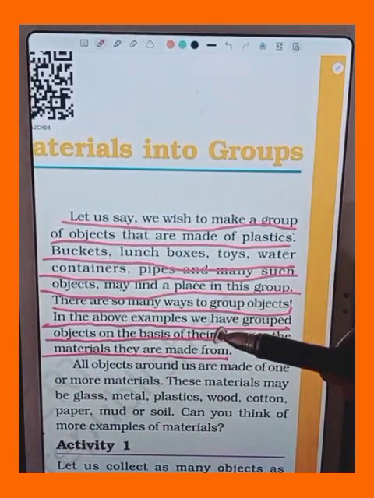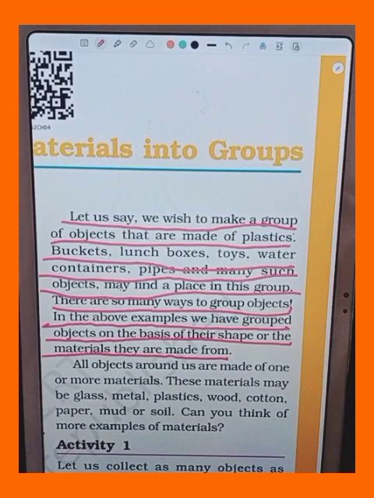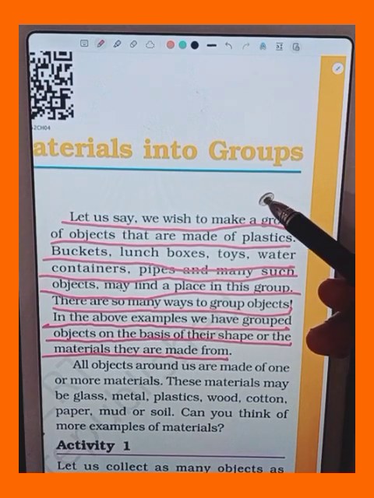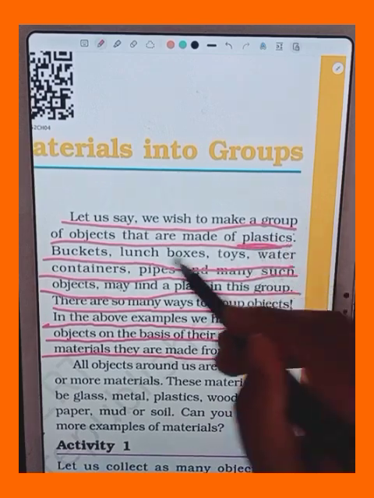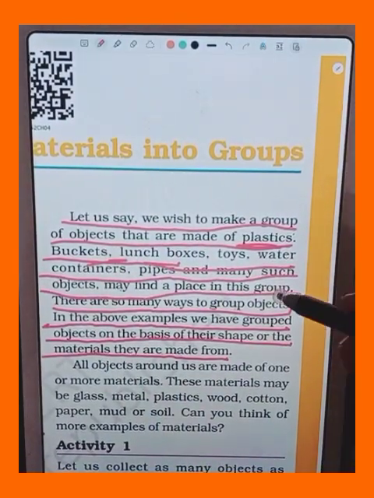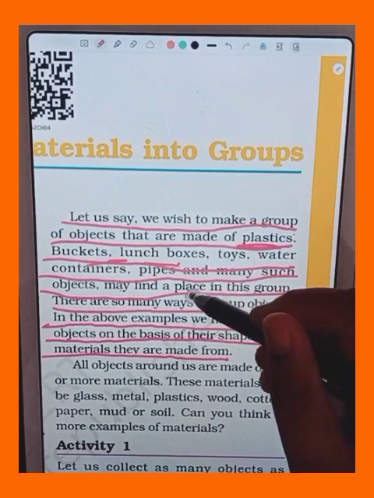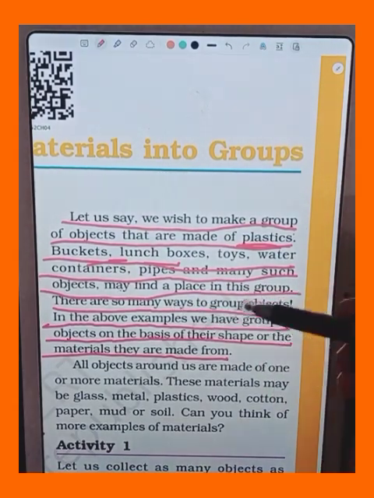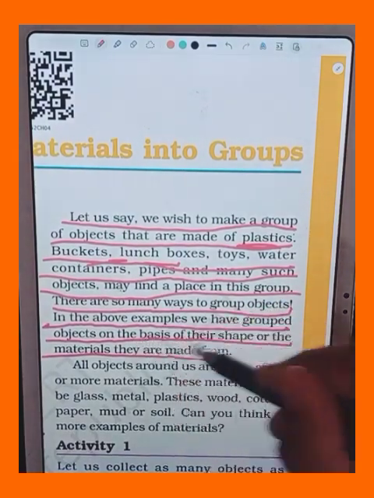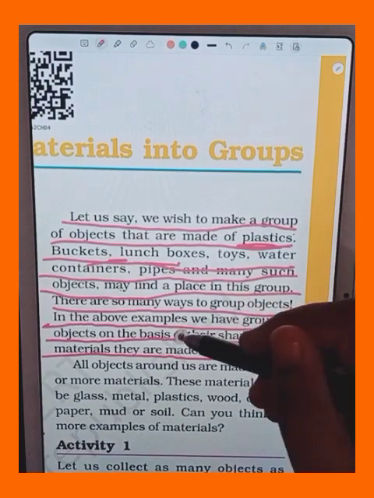So in this paragraph, the writer of this book says that if you wish to make a group of objects that are made from plastics, you may find buckets, lunch boxes, toys, water pipes, etc. We have grouped objects on the basis of their shape or the materials they are made from.